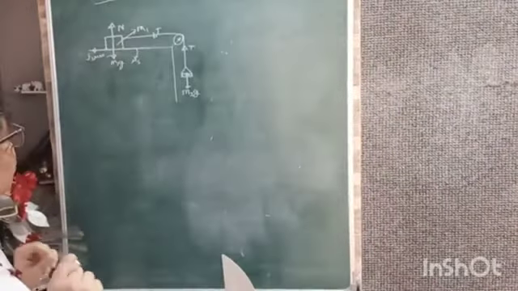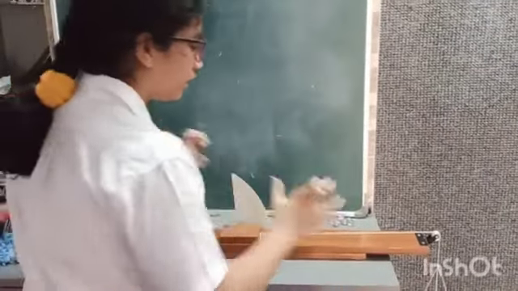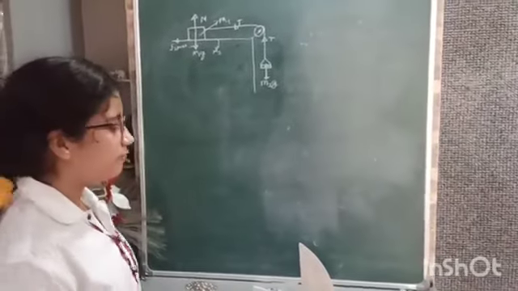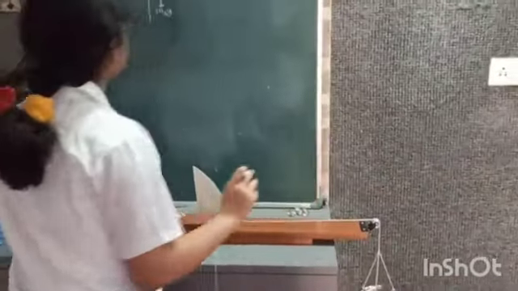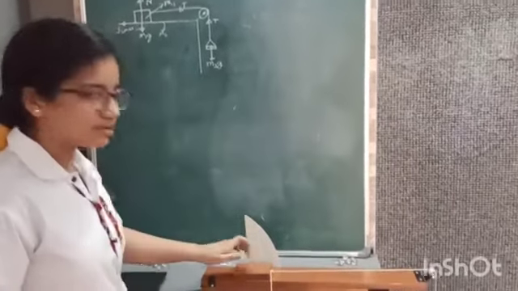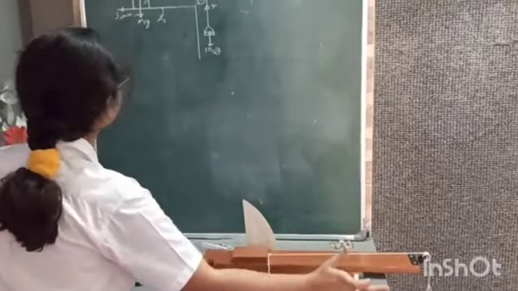Since one rope is holding these two together, a tension force is also acting. For the plate mass, tension will be acting in the upwards direction, and for the block mass, the tension will be acting in this direction.